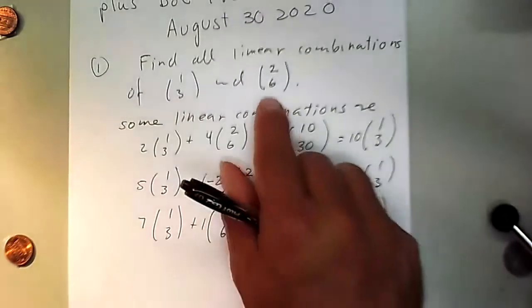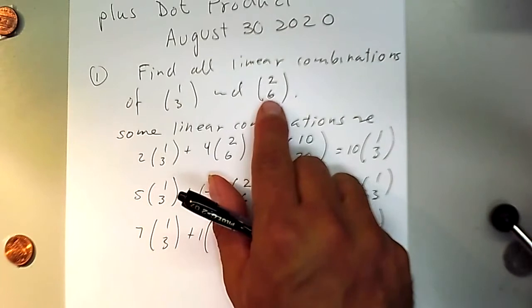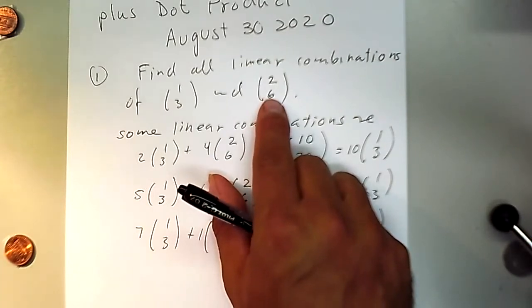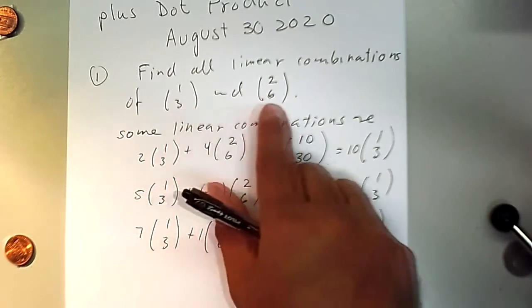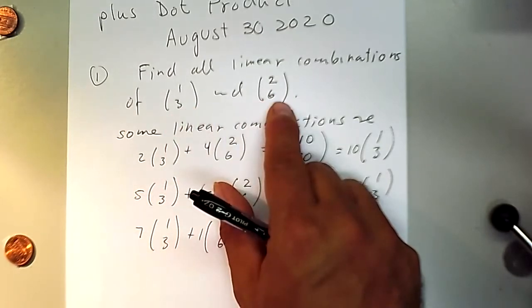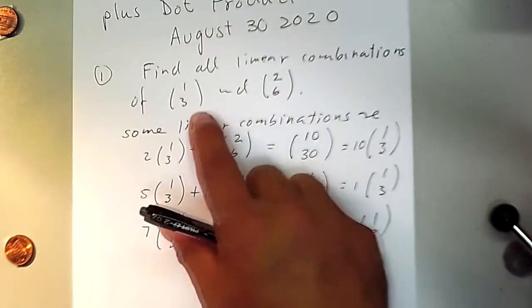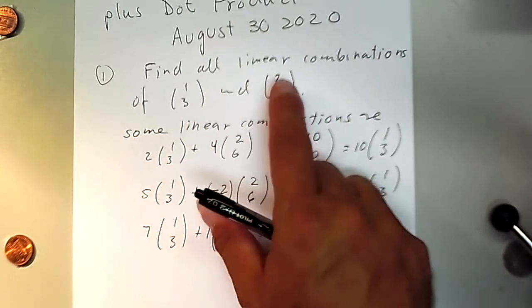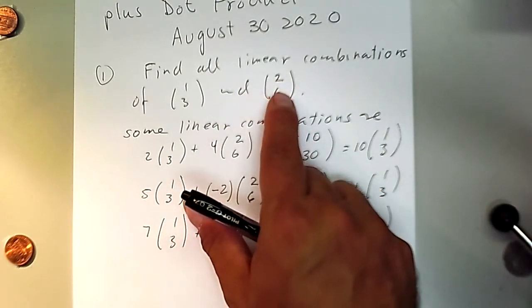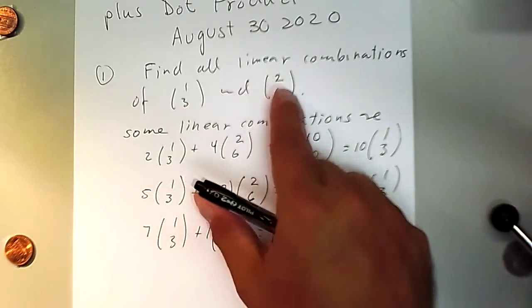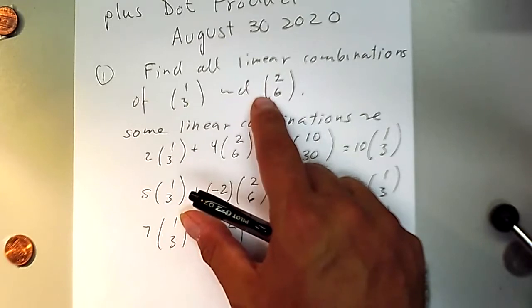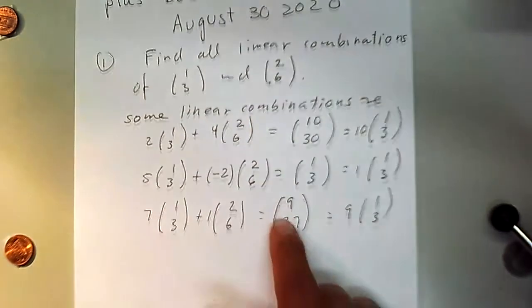So all it took is to twist this a little bit, to perturb this a little bit, change it from 5 to a 6, and that caused this to not create all of the plane. This is redundant. Since we can create this with a linear combination of that, this is unnecessary for linear combinations. I mean, think about that.